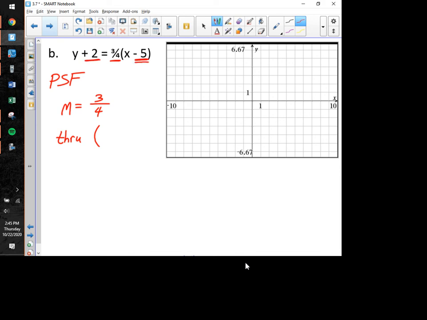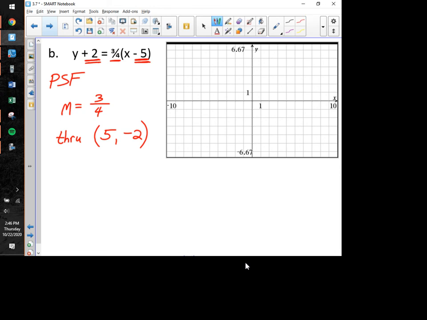So the opposite of that -5 right there is +5, and the opposite of a +2 is a -2. So if we've done this right, this is kind of the information we've pulled out of this equation. We believe that this line here has a slope of 3/4 and passes through the point 5, -2.